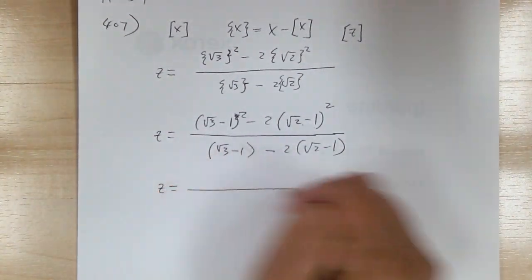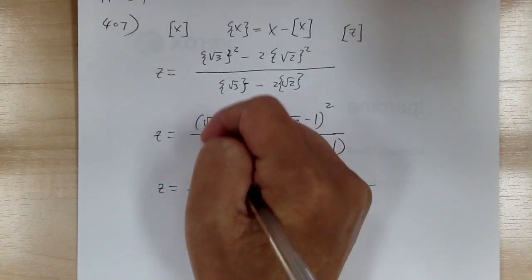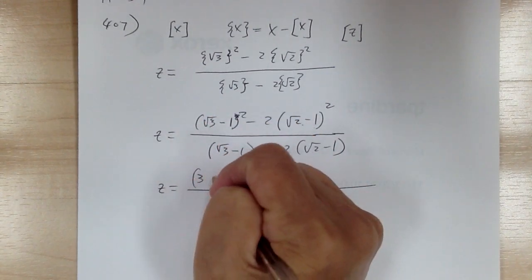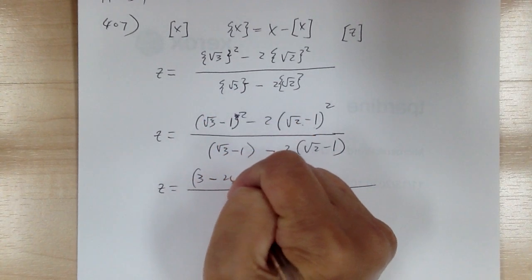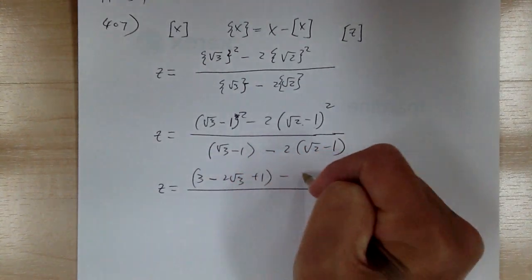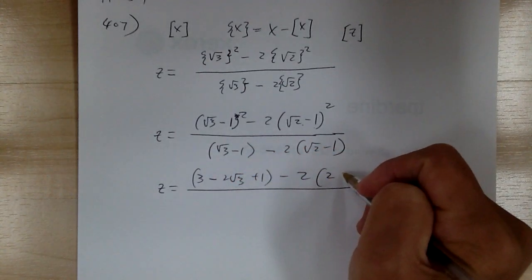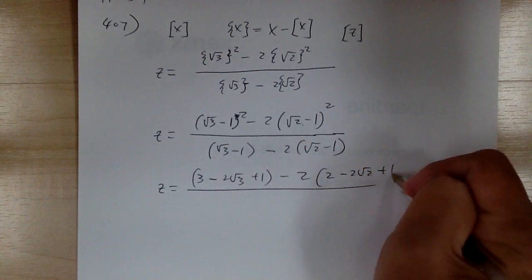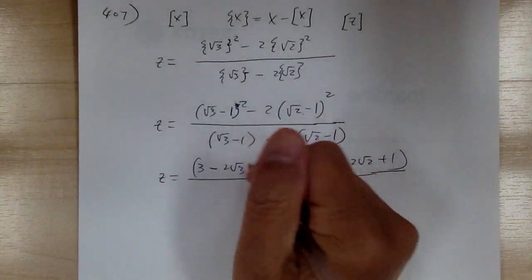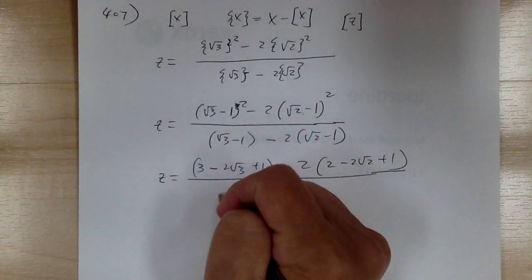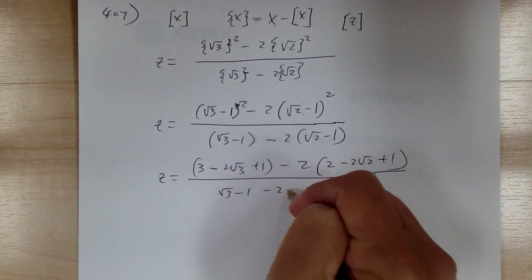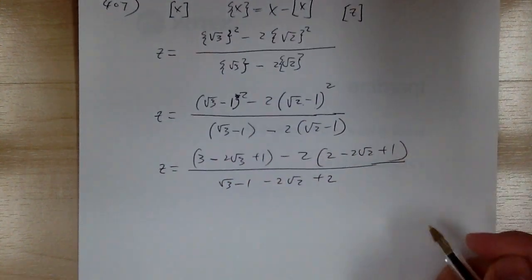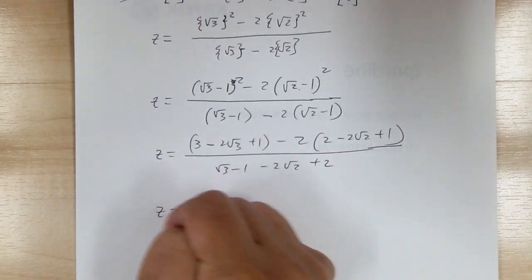So z equals, working it out, 3 minus 2 square root of 3 plus 1 minus 2 times 2 minus 2 square root of 2 plus 1. And on the bottom, you can simplify: minus 2 square root of 2 plus 2. Just simple algebra.